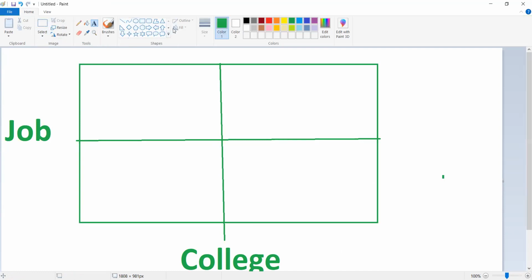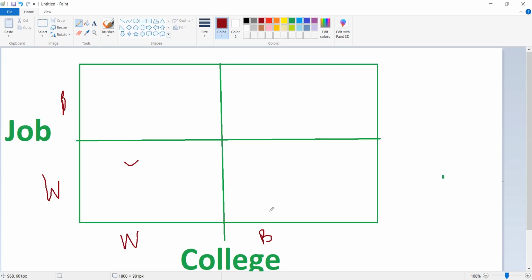So you can perform, and let's say this is bad, worst, and best. Worst and best. Possibilities. This is where the student performs bad in college and bad in job.